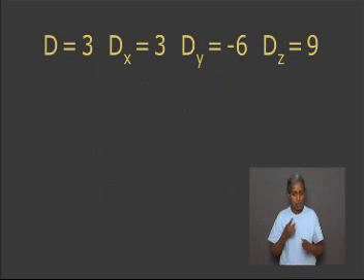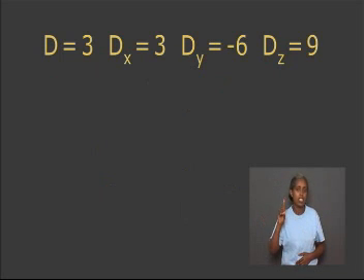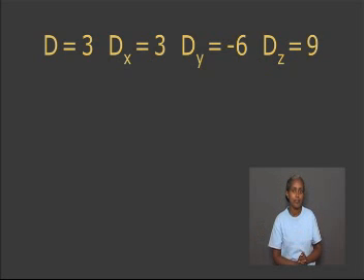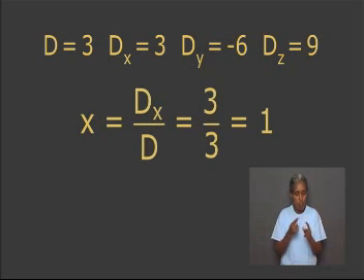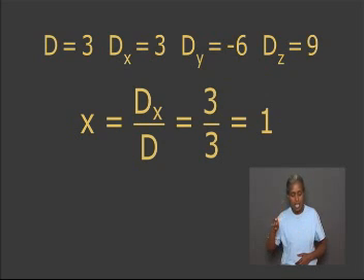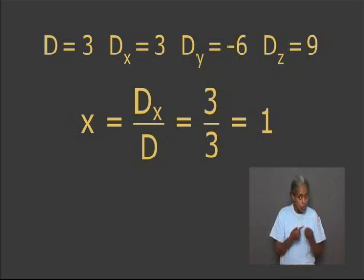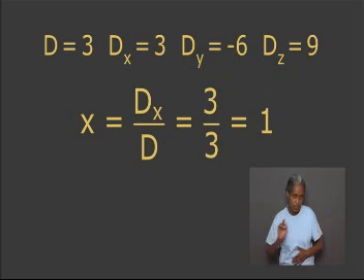Now that we have our values for d, dx, dy, and dz, we can use Cramer's rule. We solve for x with dx over d. 3 over 3 equals 1, so x equals 1.